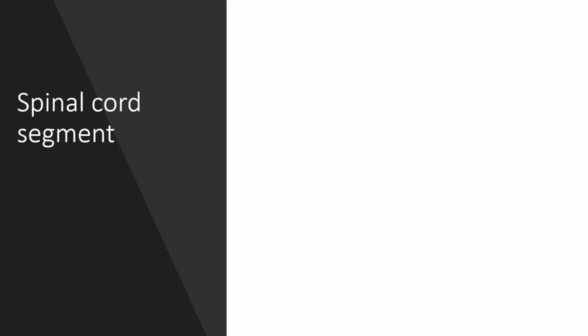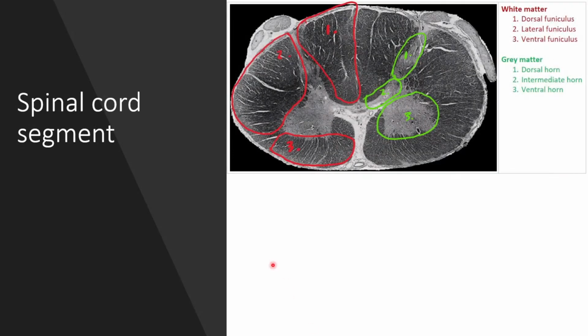So how do we know this? Well, let's look at a thoracic cord segment here. This is the posterior, this is the anterior. It's comprised of the white matter, which is highlighted in red, and the gray matter, which is highlighted in green. The back side is called dorsal, rather than posterior. This is the lateral funiculus, and this is the ventral funiculus.